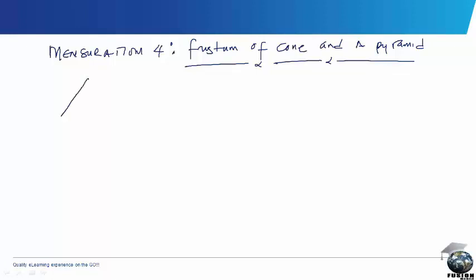Assuming this is our cone, and we want to construct a frustrum, we have to cut the cone at a point here. This is where the cutting is made, parallel to the horizontal.